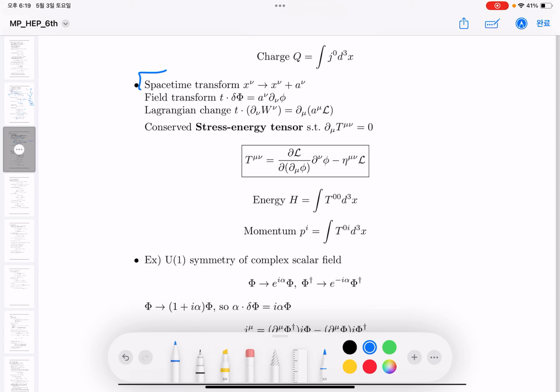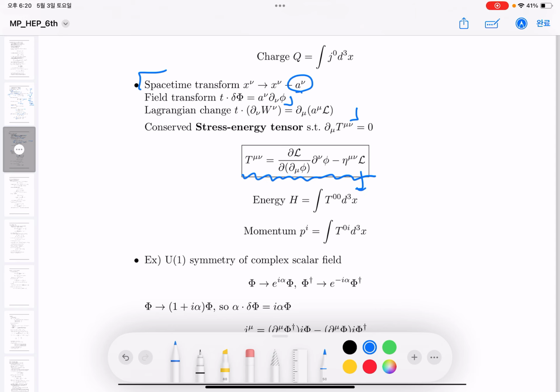The second form of the Noether theorem is the symmetry under the space-time transformation. Under such transformations, we can obtain the field transformations and the Lagrangian changes. Similarly, we can obtain the conserved quantity, which is the energy-momentum tensor, defined like that. The indices are given by mu and nu here.